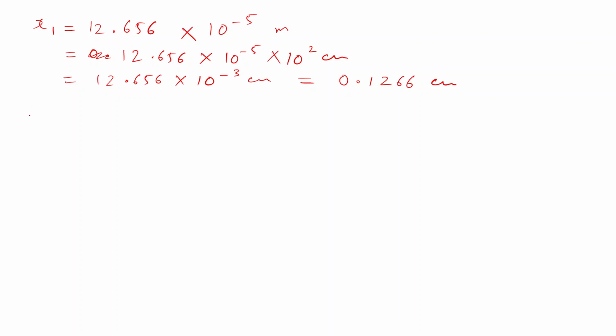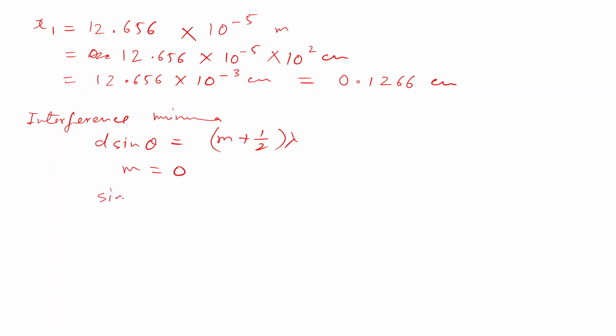Now for the interference minimum condition, from the d sine theta, it's an odd integral multiple, right? So we get from the double slit experiment, this is the formula we use. And for m equal to 0, at the center we will be getting sine theta naught equal to lambda by 2d.